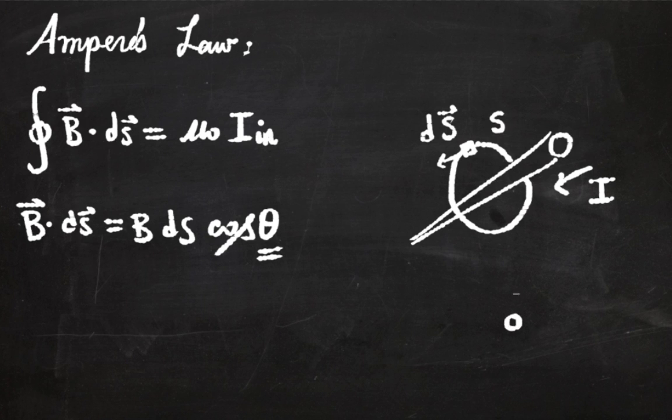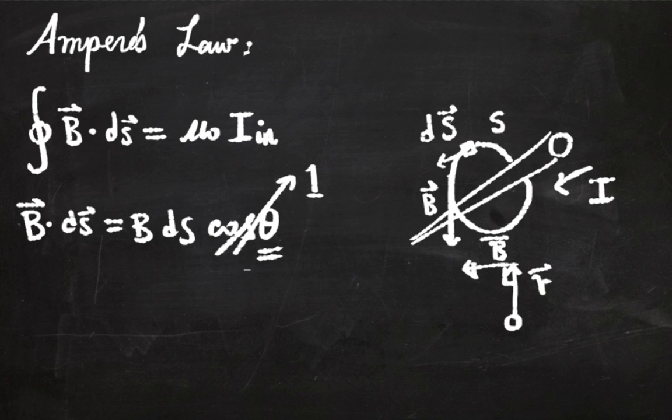So if we look at the wire on end and consider the magnetic field at a distance r away from it, the Biot-Savart law tells us that the B field is 90 degrees away from r, which means that at each point along this circle, B lies in the same direction as S. That means that the angle between them is 0 and the cosine is 1.